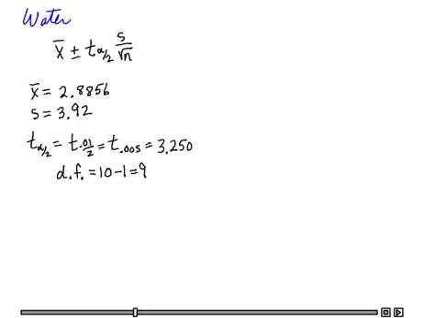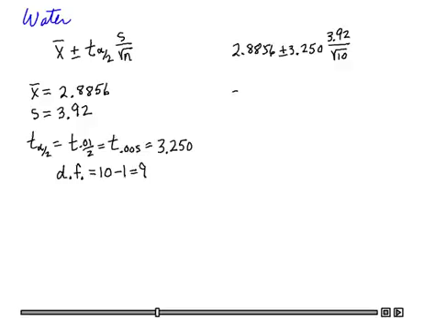And then I think I have everything I need to plug into the interval. I've got 2.8856 as the sample average, 3.25 as my t alpha over 2 value, 3.92 was my sample standard deviation, and then sample size 10.